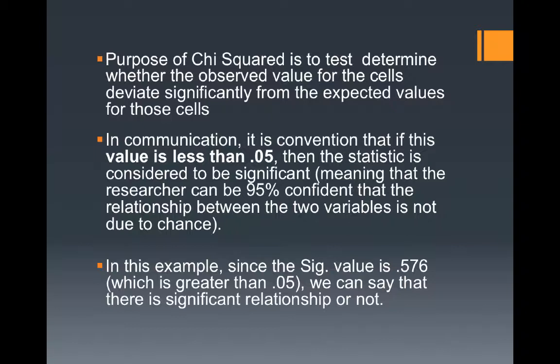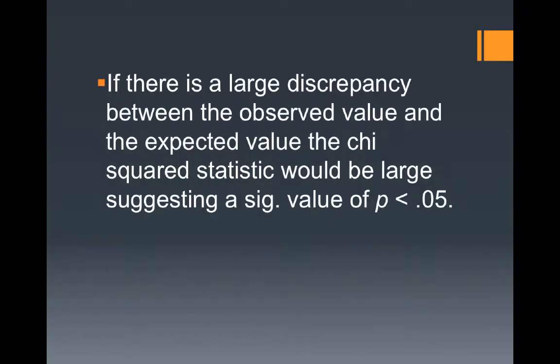In the example I had for this one, if it's, let's say, 0.576, which is greater than 0.05, there's not a significant relationship because it's above 0.05. If there's a large discrepancy between the observed value and the expected value, the chi-squared statistic would be large, suggesting a value of under 0.05, making it significant.